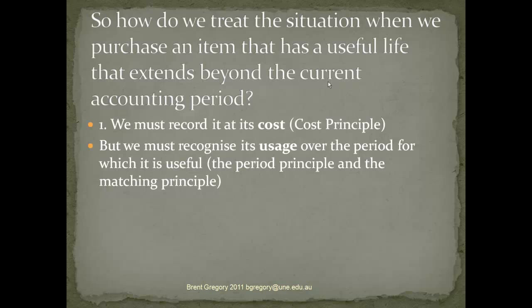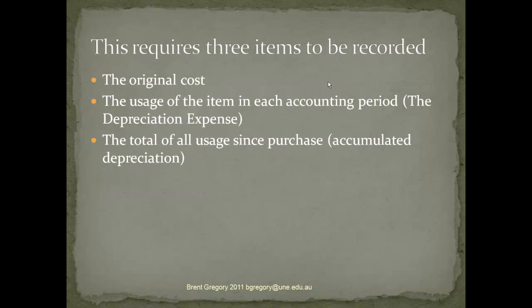So what must we do? Firstly, we must record it at its cost, which is the cost principle. And as far as expenses go, we must recognise the usage of this motor vehicle for the period for which it's useful. This is related to the period principle and the matching principle.